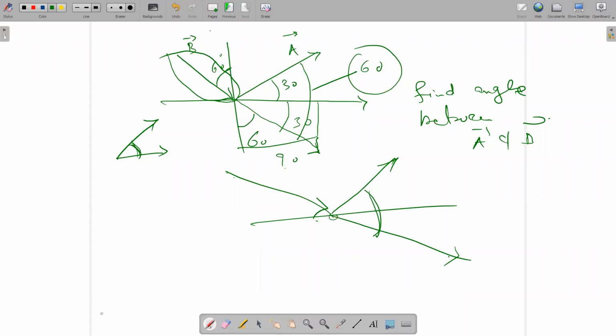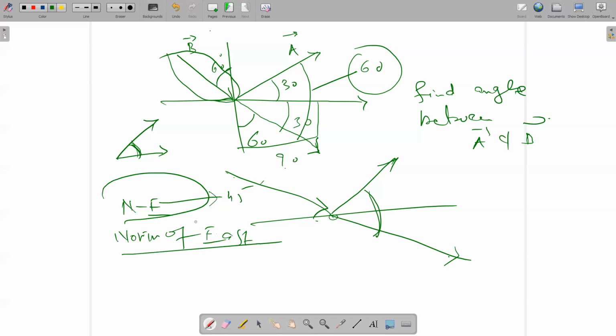This is a very, very important concept, but you must also remember the concept of northeast and north of east. Northeast means the angle is 45 degrees, and north of east means you take the angle from east towards north, not from north towards east.